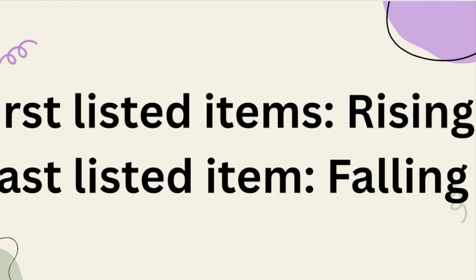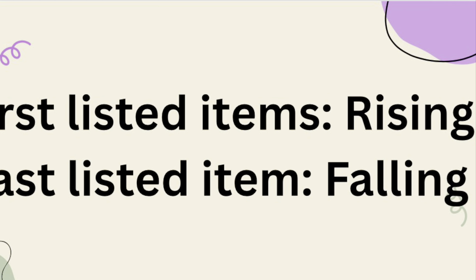Okay, let's do the next rule. This is what I was doing with the phone number. So this is when you have a list. So if you have a list, each item has rising, rising, rising, and then the final one has falling. And so what that means to the English ear, right, is that when you're rising, you're still talking, you're still going, and then when you fall, it's completed.